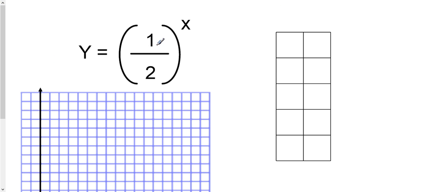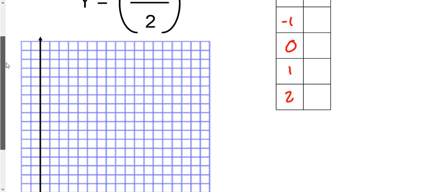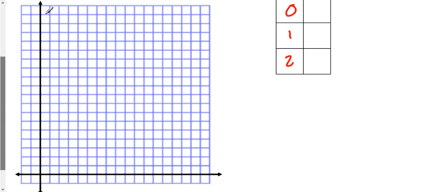Maybe our starting value is already a fraction. This is going to cause a decay in an exponential. We're going to plug in the same ones, 0, 1, and 2, negative 1, negative 2. And then the same thing, I'm going to have to change my graph a little bit.